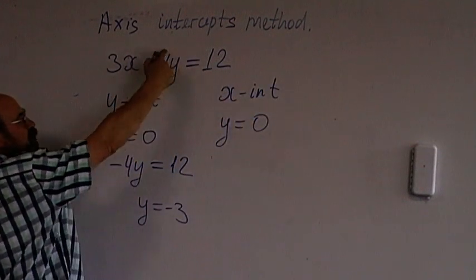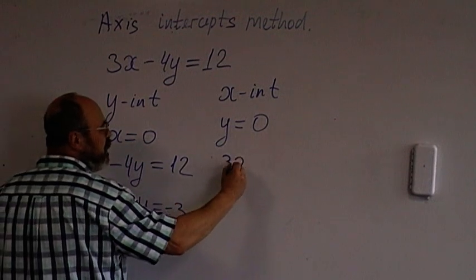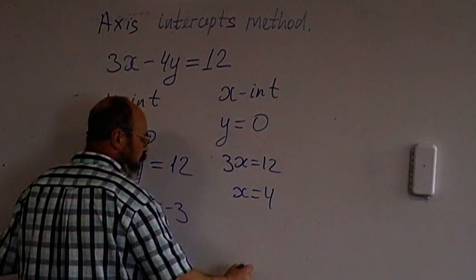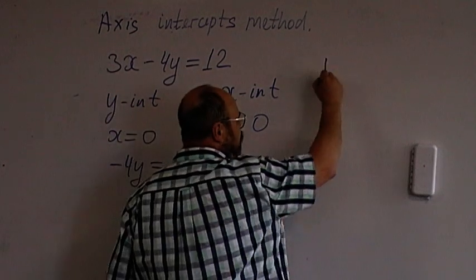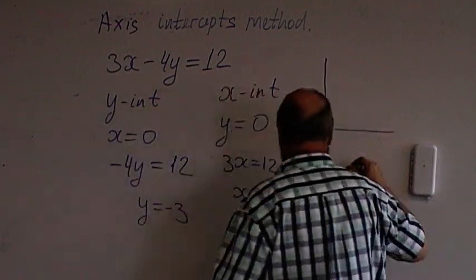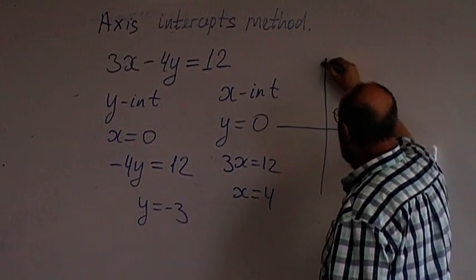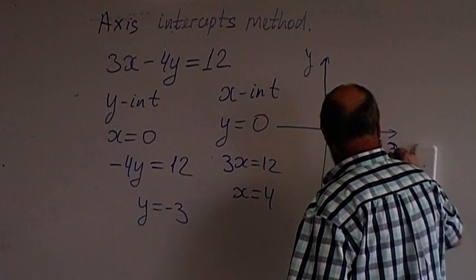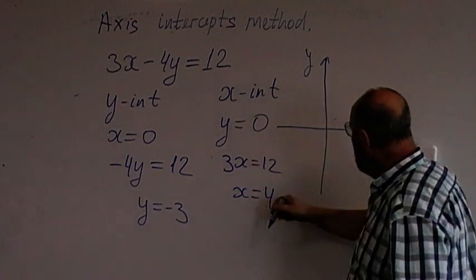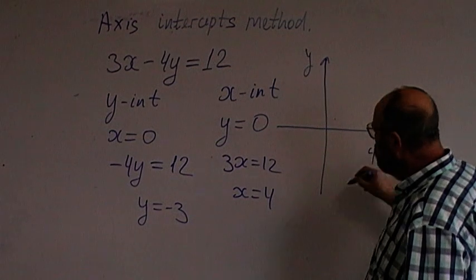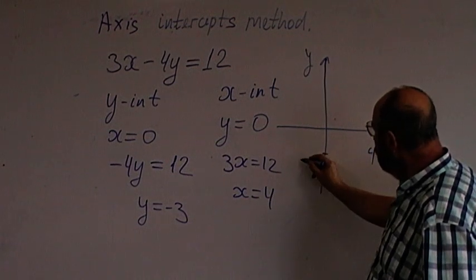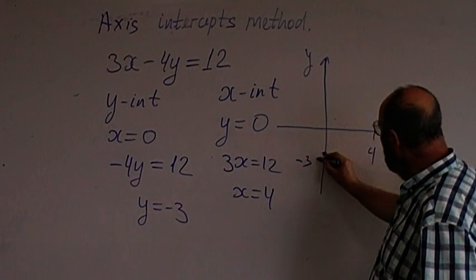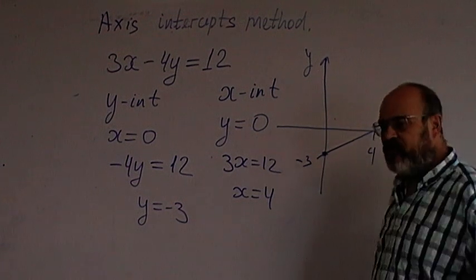This becomes 0, and we have 3x equals 12, x equals 4. We just need to plot these 2 points: x equals 4, and y equals negative 3. This is the y-intercept, this is the x-intercept, and we draw a straight line through them.